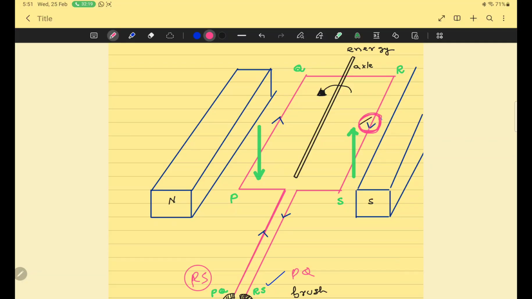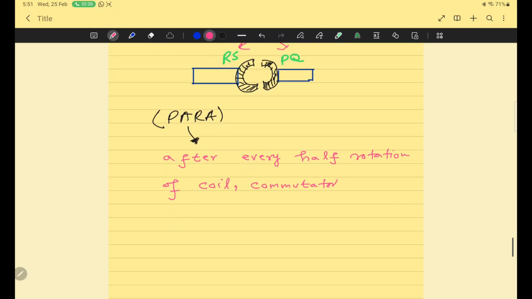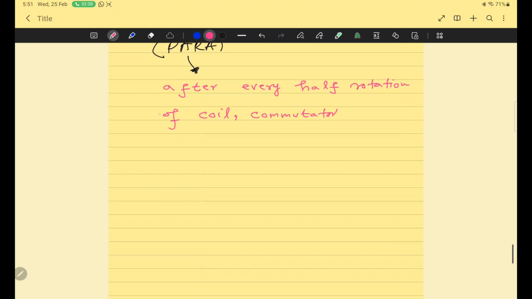But when RS is on the left-hand side, the direction of current will be upward. So simply you have to memorize, sir: after every half rotation of the coil, the commutator reverses the direction of current in the coil.